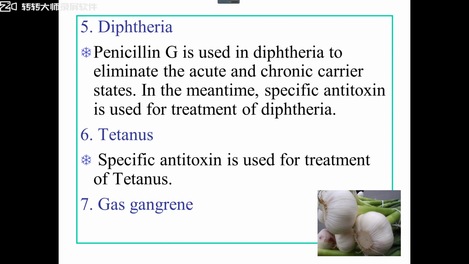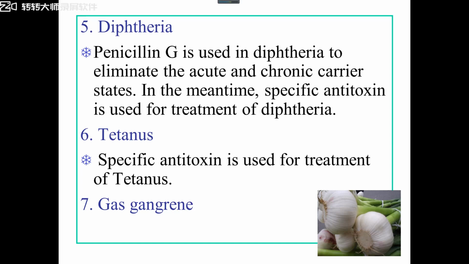Gas gangrene rarely occurs. It usually happens after a serious earthquake because this bacteria lives in the deep soil.